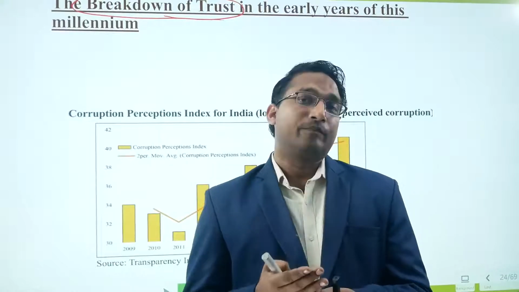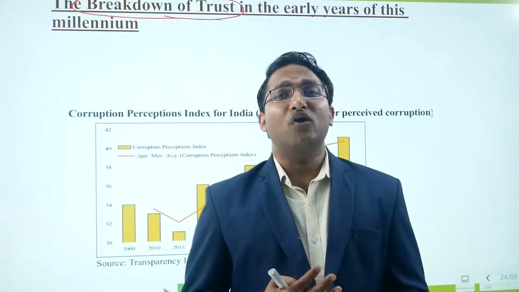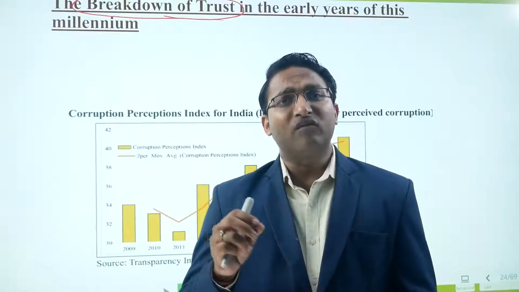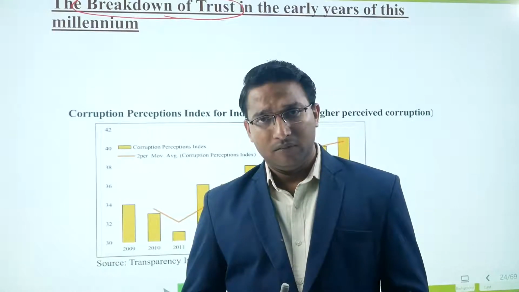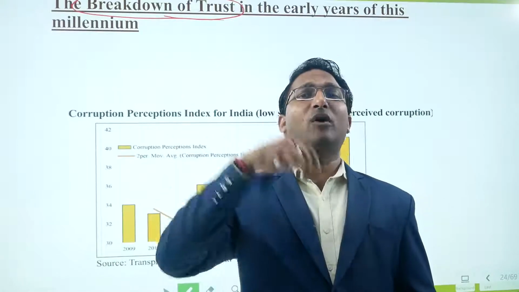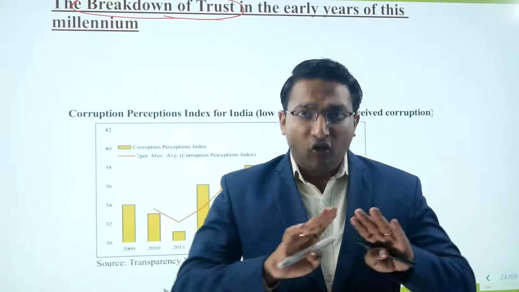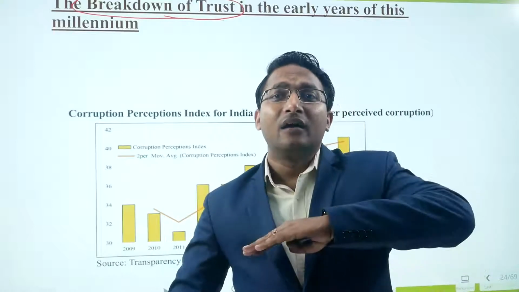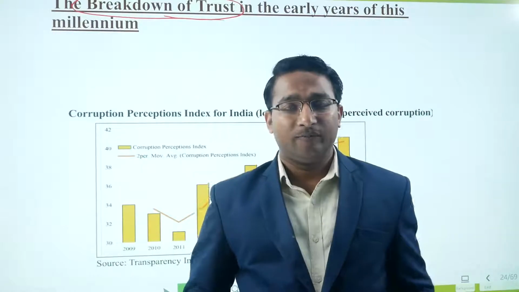Secondly, there have been failures on the part of the banking sector. The non-performing assets have been building up. There are willful defaulters, the people who willingly take a huge amount of loan, default in repayment and fly away from the country.